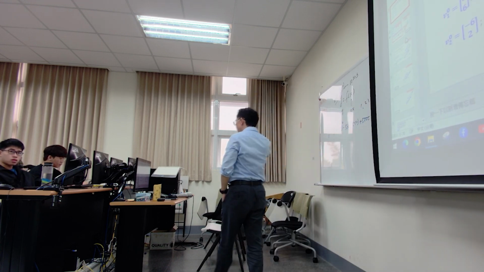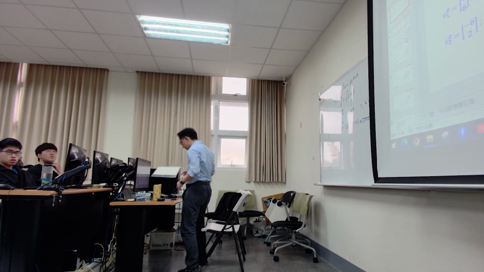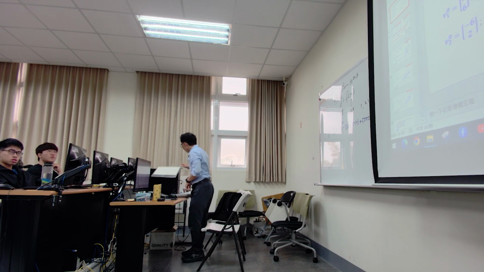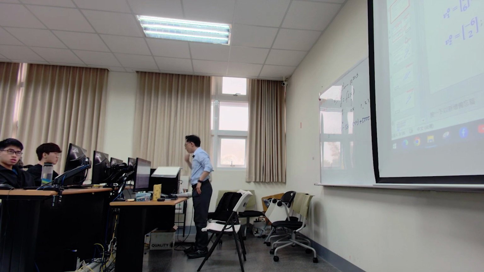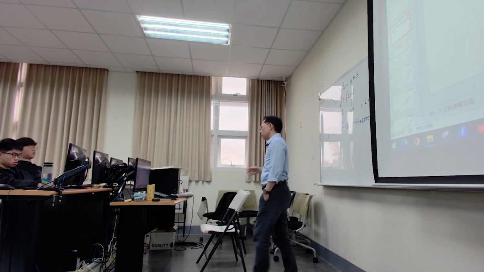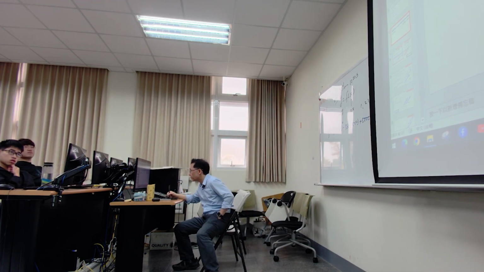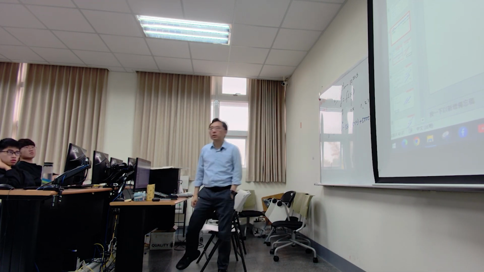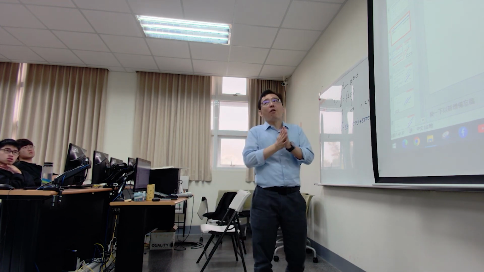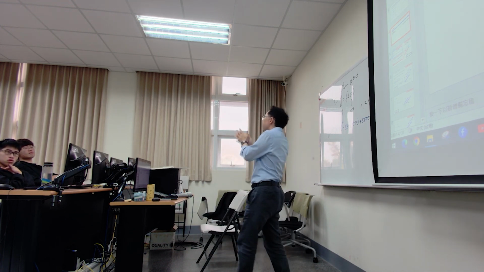I think we need to define what that is. For the upper scale, we represent the frame.